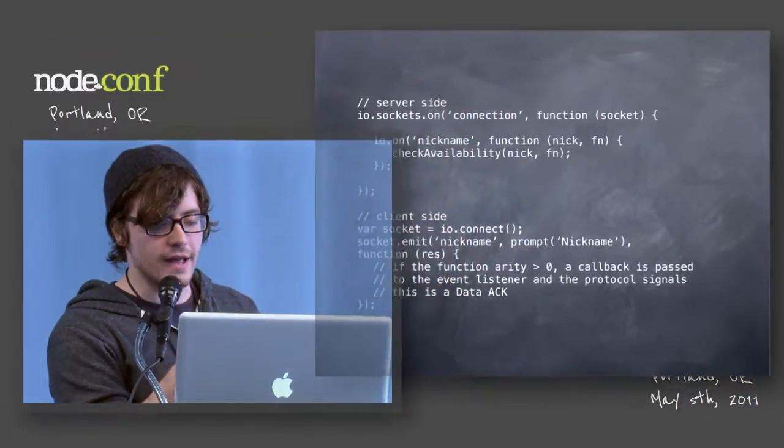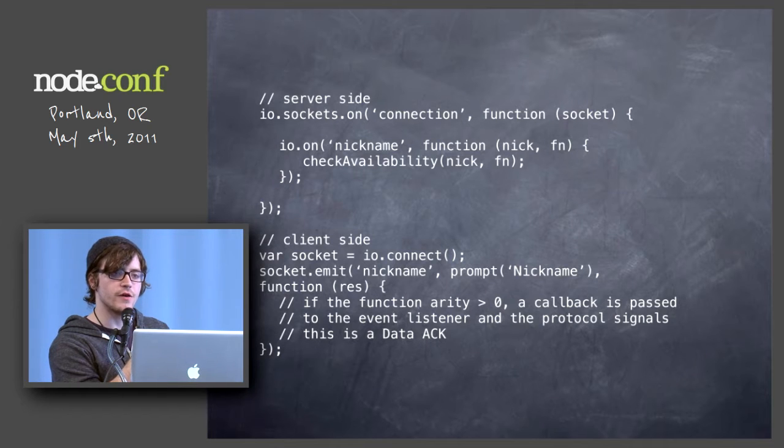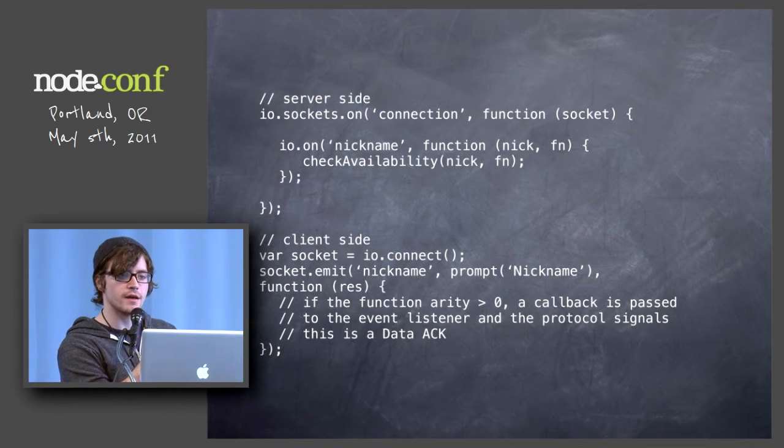And that's also something that events empower. Essentially, when you emit an event, if the function arity, meaning the number of arguments that are defined in the function that you pass as a callback for the acknowledgement, is greater than 0.